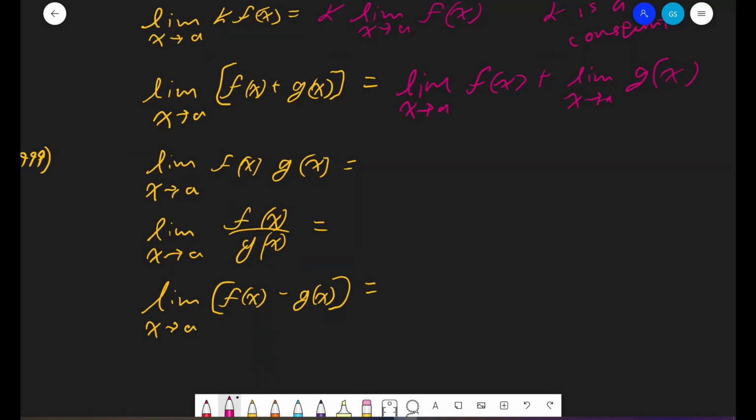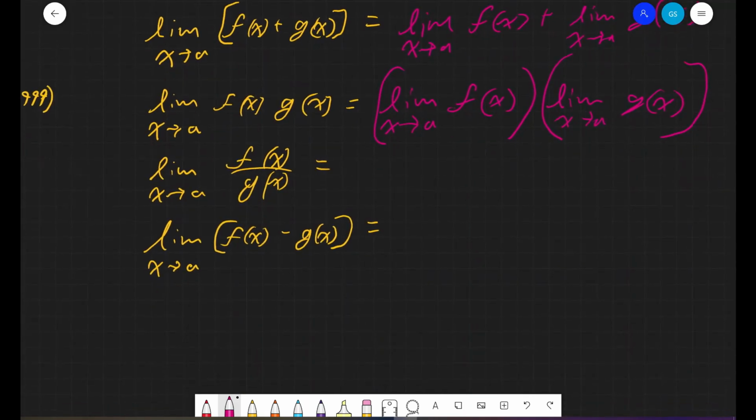So with the limit of f of x times g of x, just take the limit of f of x and then multiply it by the limit of g of x. Take the limit first and then follow through with the operation.